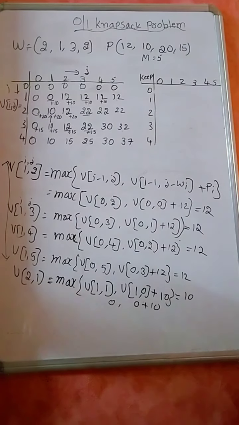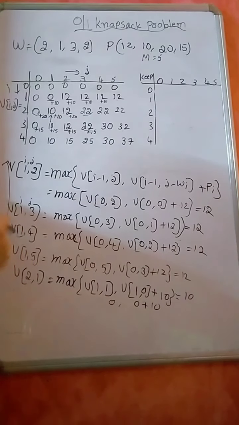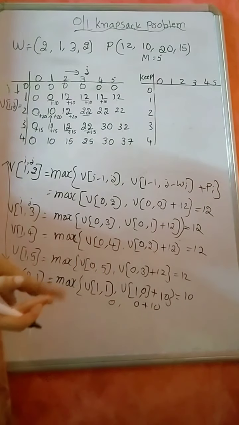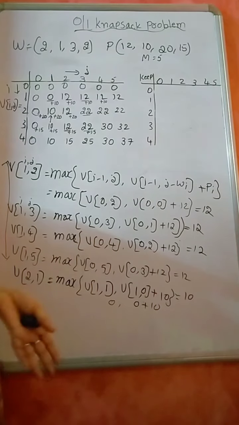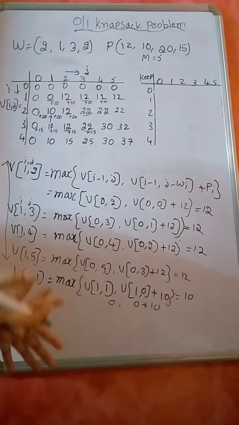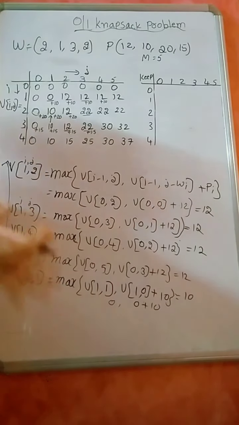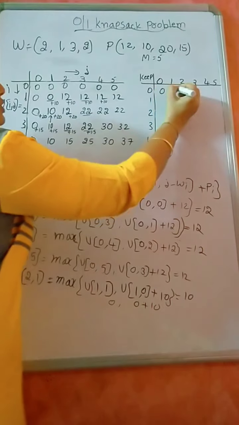Consider this matrix. The entry in this keep matrix is as follows: whenever there is a change in the profit, the entry will become 1. If there is no change in the profit, the entry will become 0. So the first entry will be as usual 0.